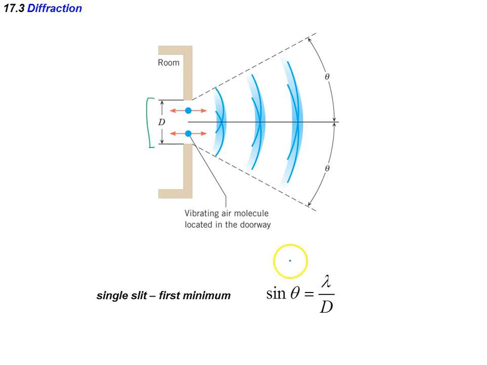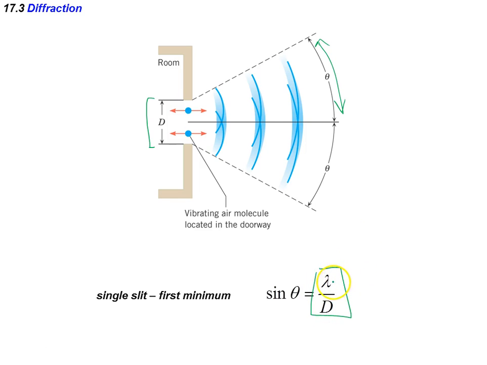And so the angle at which we deviate from the medium, this angle right here, is going to be determined by sine of that angle being the ratio of lambda, the wavelength, over the slit opening, or the distance between each edge of the opening.